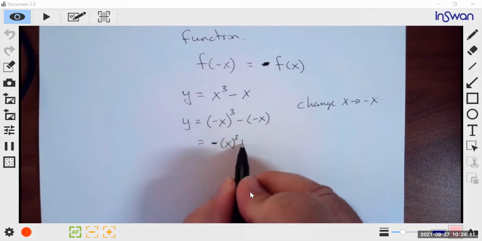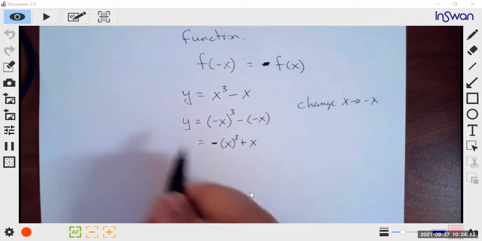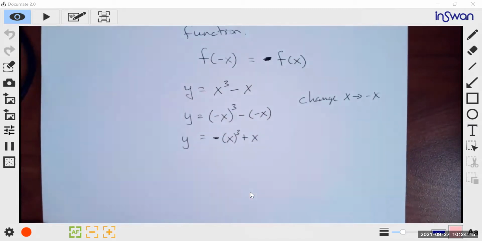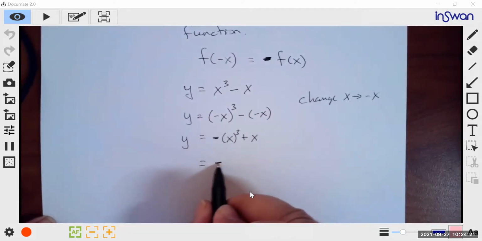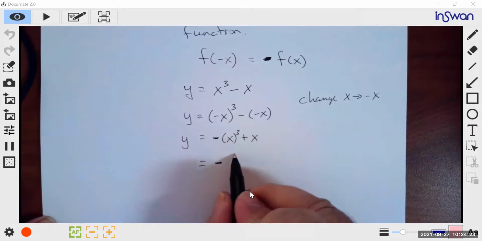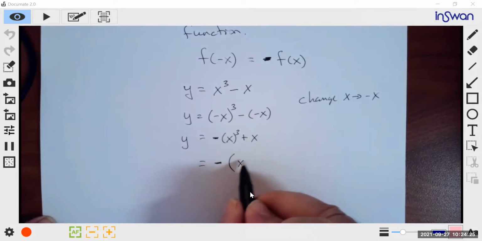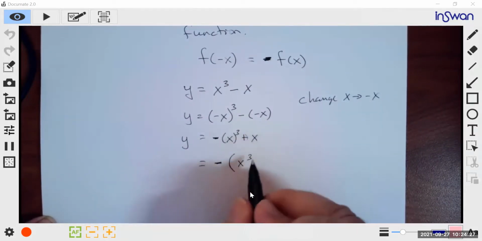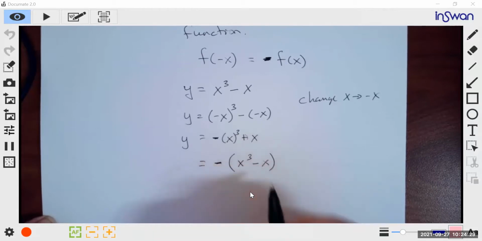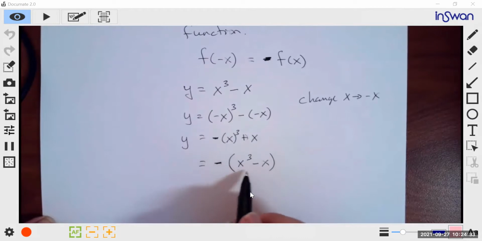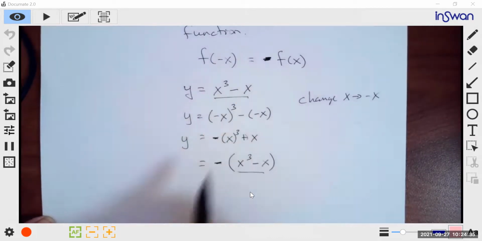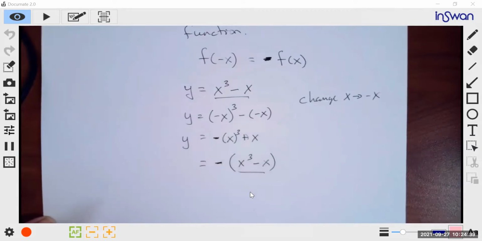Minus minus becomes a plus. If I factor out a negative sign, I take out a negative sign, you see here's the original function, there's a negative out in front. That's an example of an odd function.